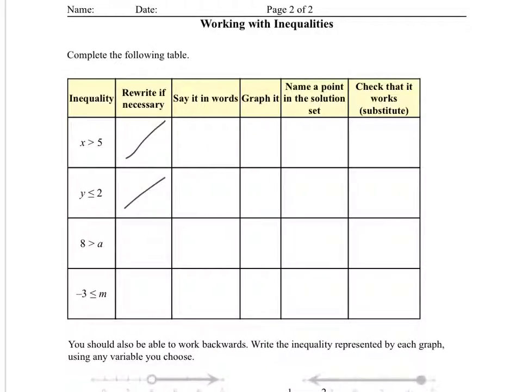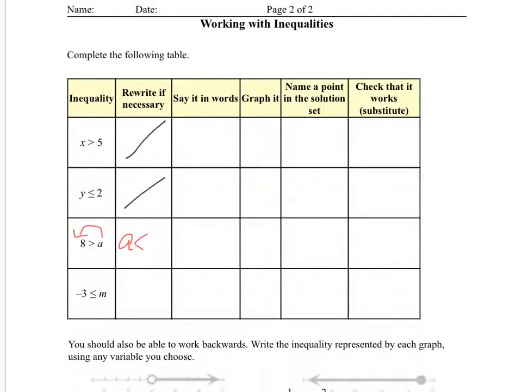So what we do is we take this and we reverse it. That means we have to write it totally backwards. So you write the a first, and notice how the inequality is pointing to a, so you have to rewrite it that way.